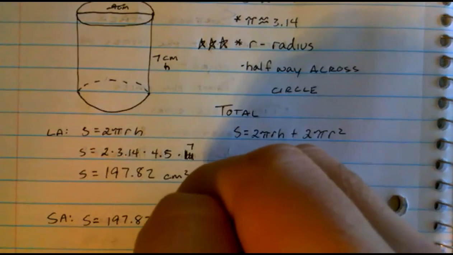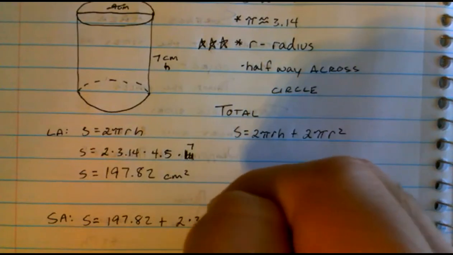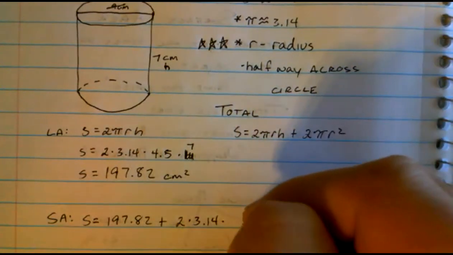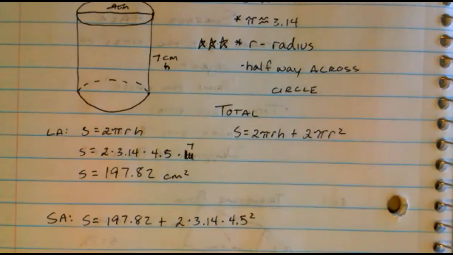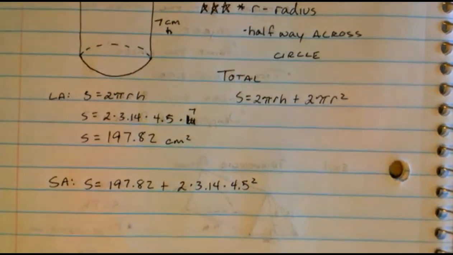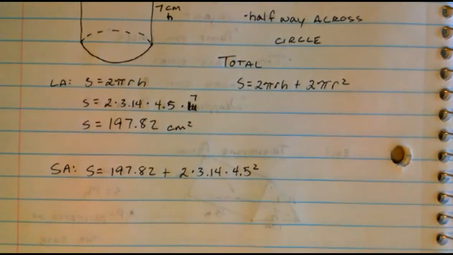197.82 plus 2 times 3.14 times 4.5 squared. And all you have to do is type that exactly how it is in the calculator. Just using the formula, just type it in the calculator. You should have your calculator open just like our STAR chart so that we can use it during the test. We're all given calculators as 8th graders, so we should be utilizing them.